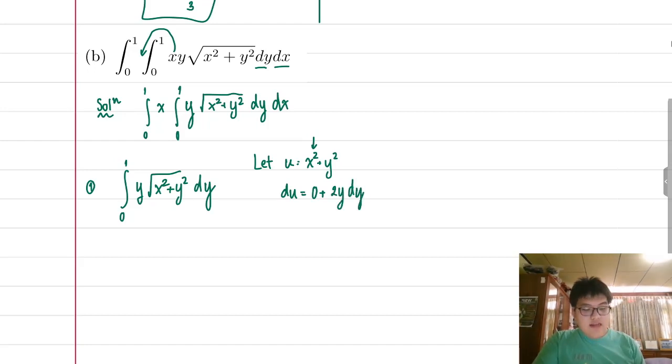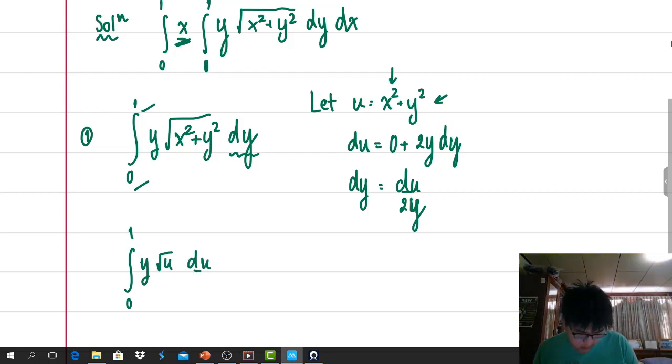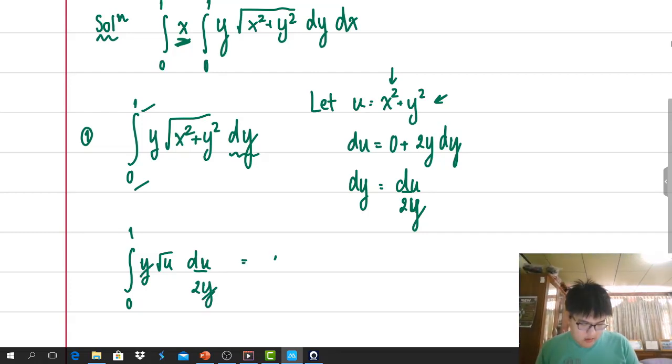Then I would like to change dy to some term: dy equals du over 2y. Then we change this one: integral from 0 to 1 of y square root u times du over 2y. The y cancels out, leaving one half integral of square root u du.